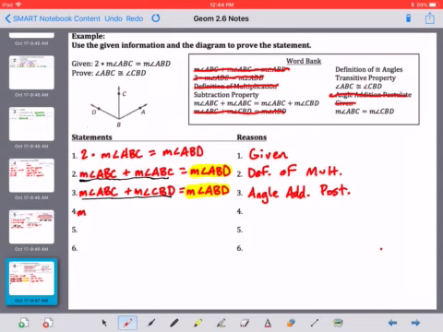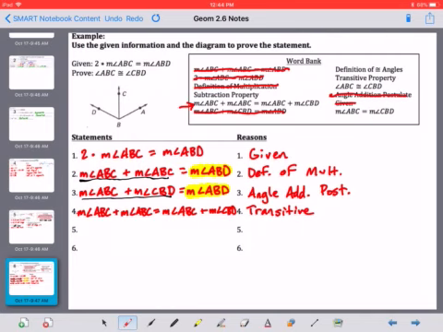So that's this right here, our 4th statement. Measure of angle ABC plus the measure of angle ABC is equal to the measure of angle ABC plus the measure of angle CBD. And that is the transitive property. Remember, if you cut out the middleman, that's that transitive property of equality.